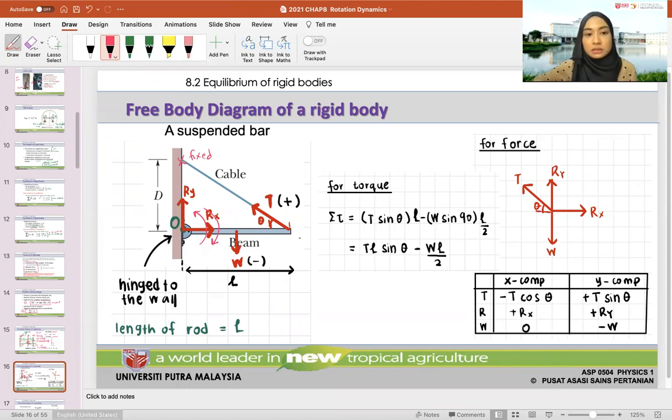Where is my axis of rotation? Where is it? Is it here? Is it here? Or is it here? The second one. Okay, 1, 2, 3.